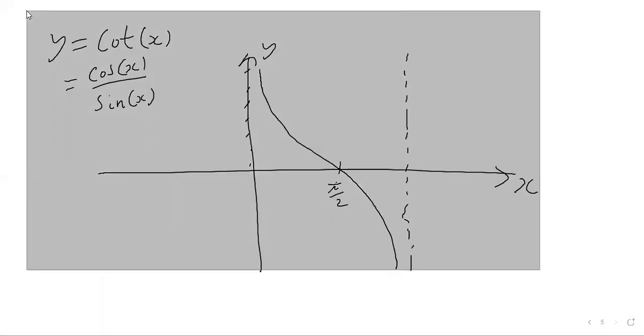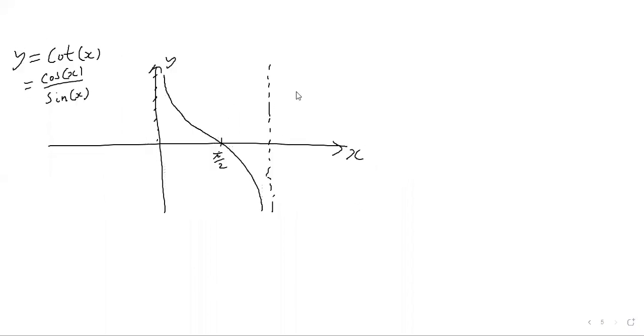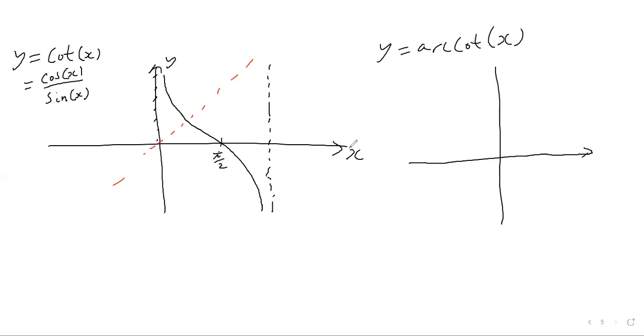If we want to sketch the inverse, because that's what we're worried about here, we want to sketch y equals arccot function. We just reflect this function in the line y equals x. If we do that, we should get something which looks like this.